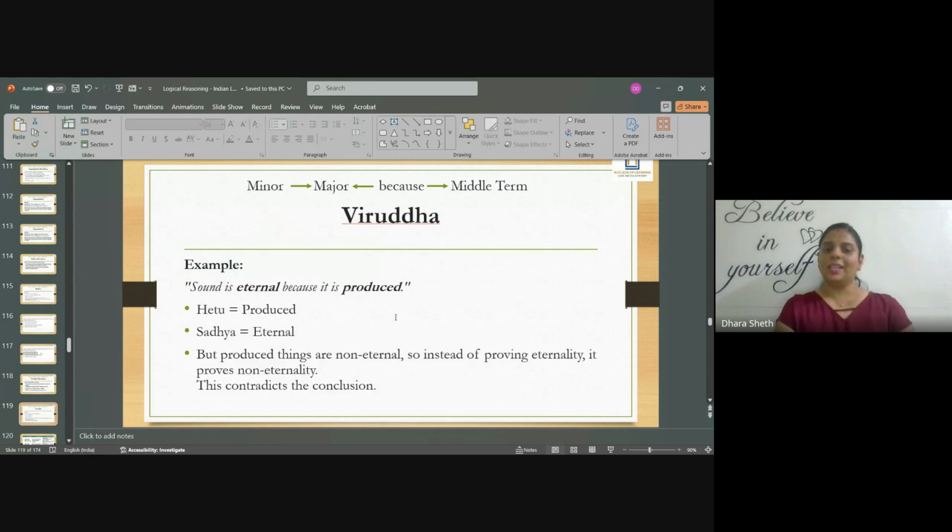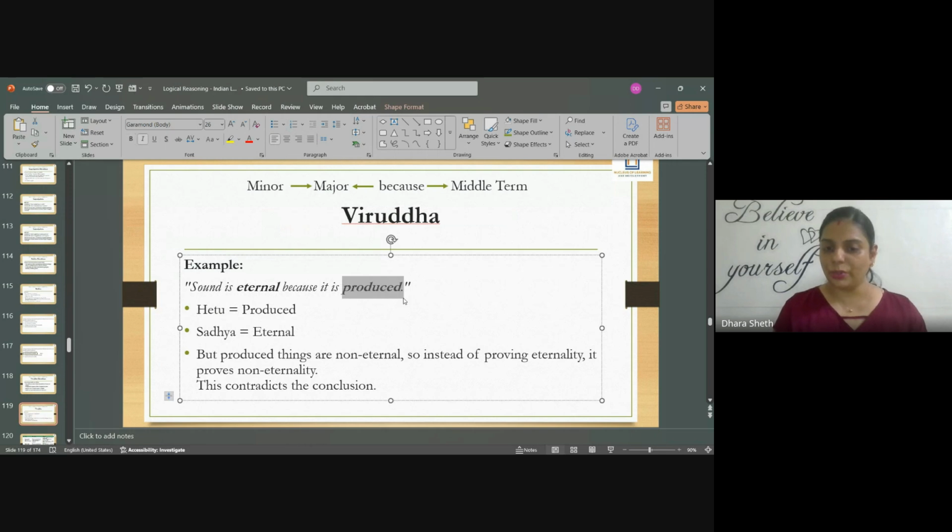Another example, sound is eternal because it is produced. But anything that is produced cannot be eternal because it is just produced. It was not existing before that. Like in Hindi, if I had to say it, कि कोई चीज अगर अभी जन्म लेती है तो वो अजन्म अमर नहीं हो सकती. उसने जन्म लिया.